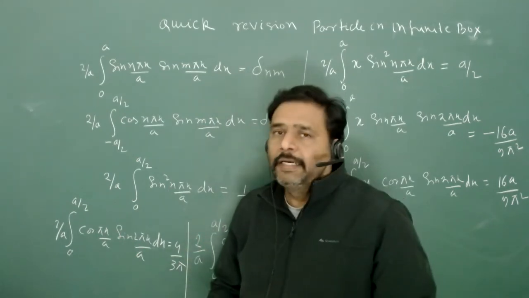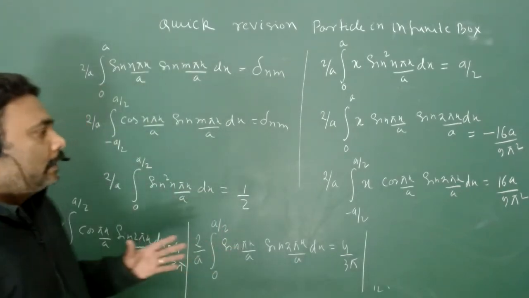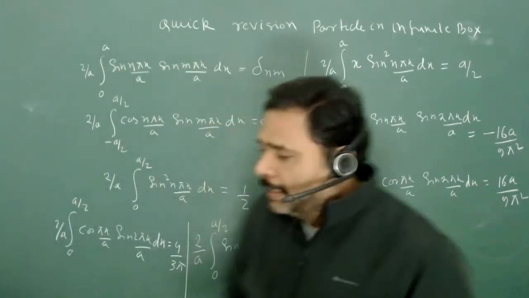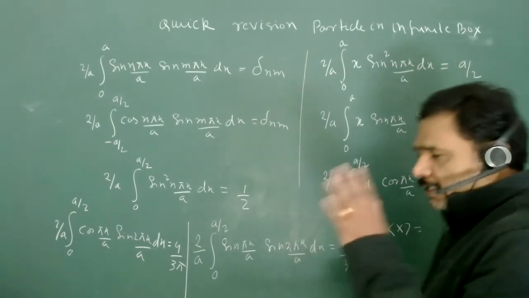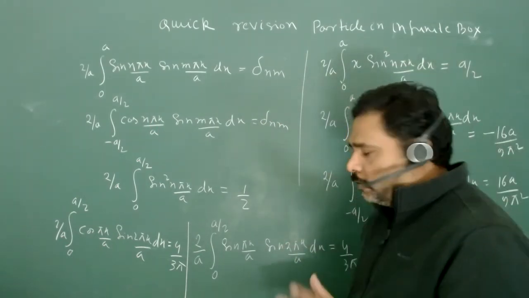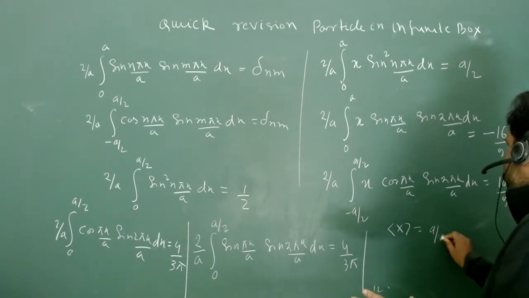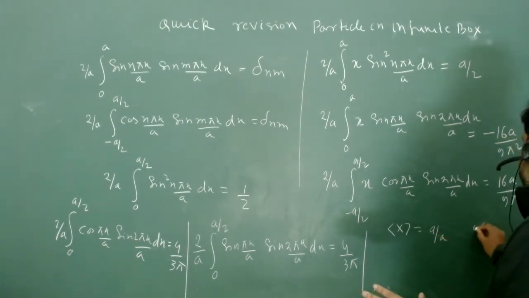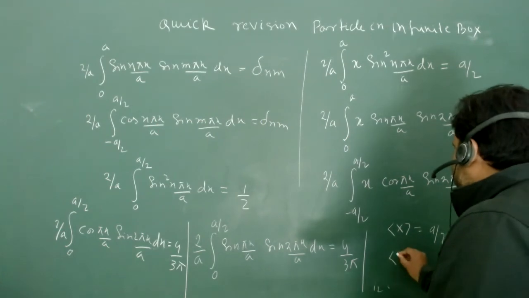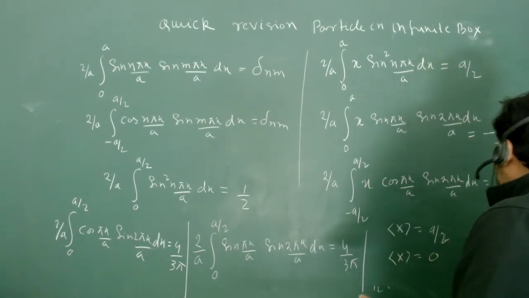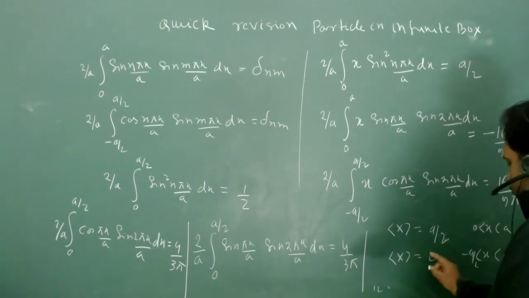This is very important. You should also remember the basic concept that the average value of x is nothing but the center of the box. So if x is in the box between 0 to a, then this will be a by 2. If my box is between minus a by 2 to a by 2, then this is 0.